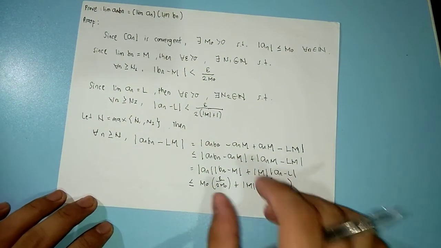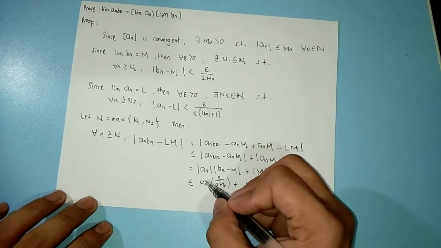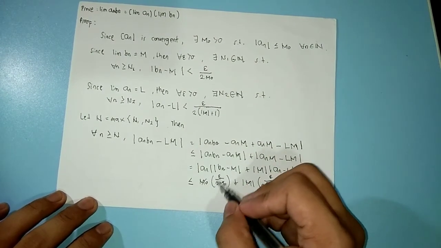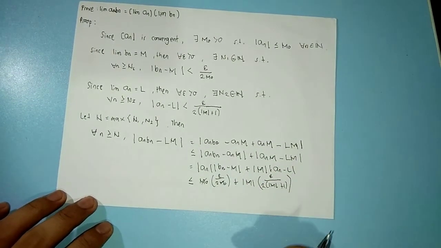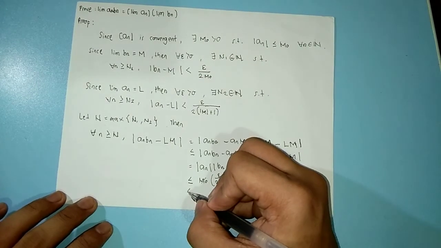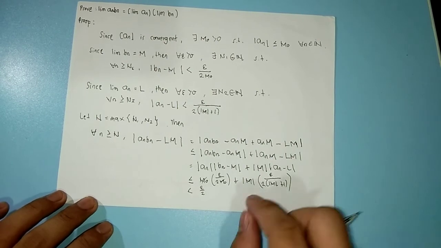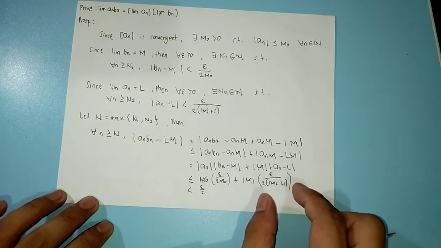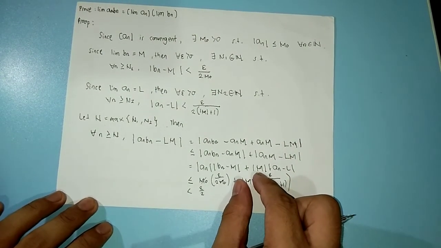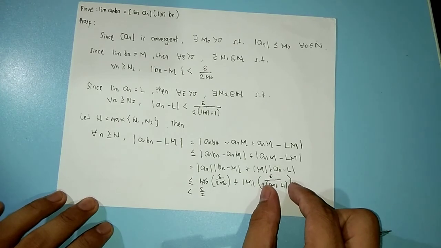Okay? Now, back to here. So, we can cancel this, and epsilon over 2 is what remains. But here, by the way, I put less than epsilon over 2. So, why did I use less than? Because here, I remove the absolute value of m and the absolute value of m plus 1.